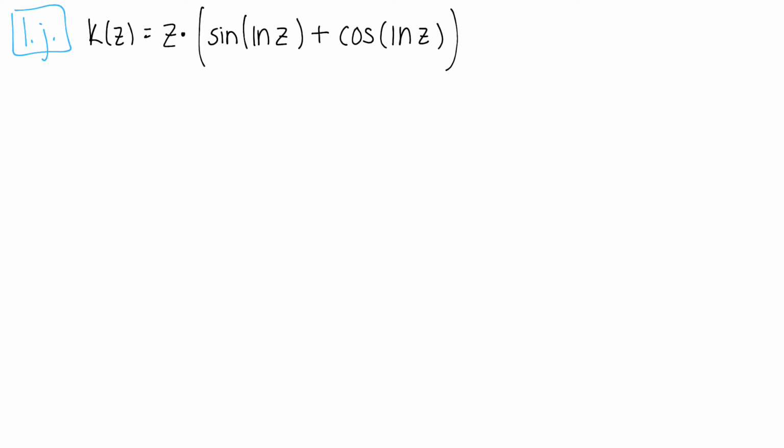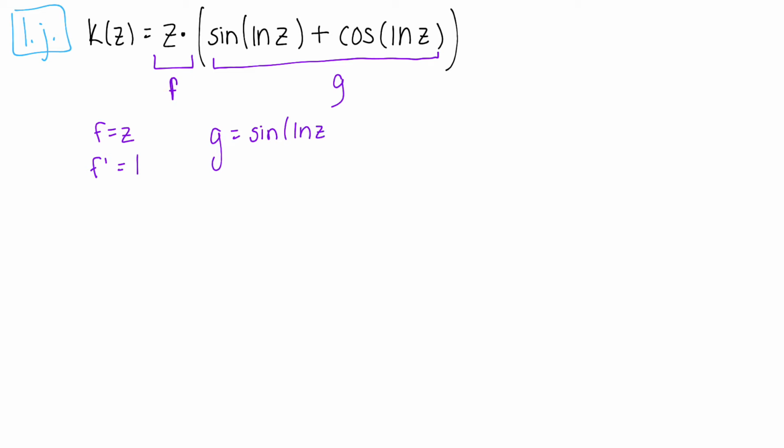This is going to take product rule, and it's also going to take some chain rule in there. So we have f, we have g. F is z, and the derivative of z is just going to be 1. That part's nice. G is sine of ln z plus cosine of ln z.